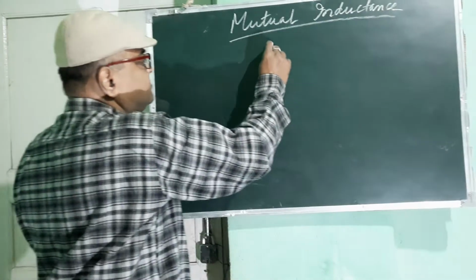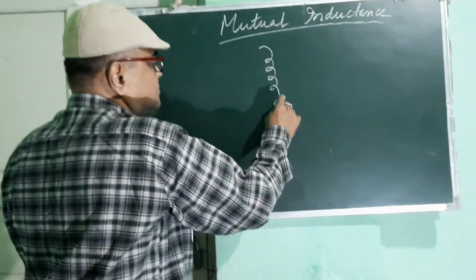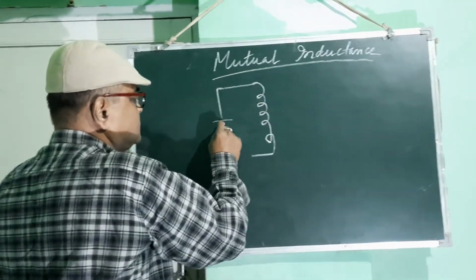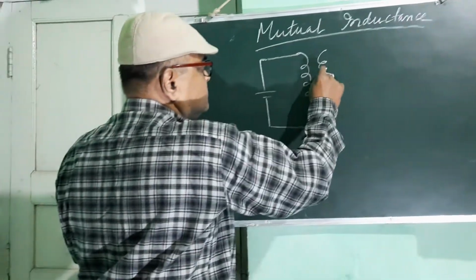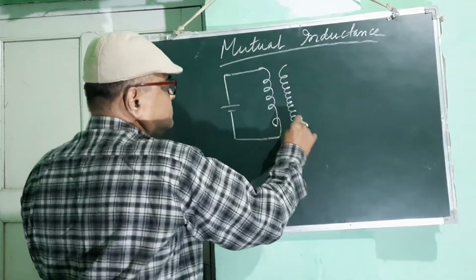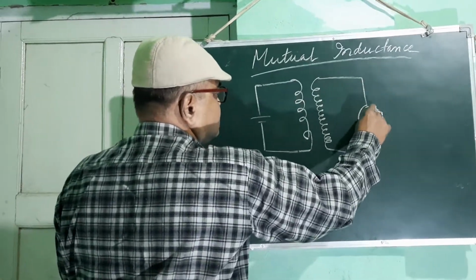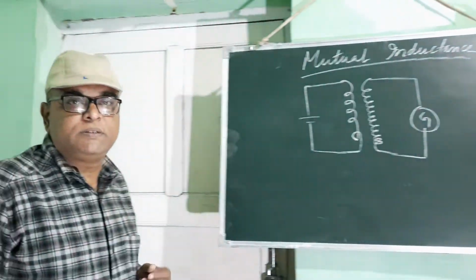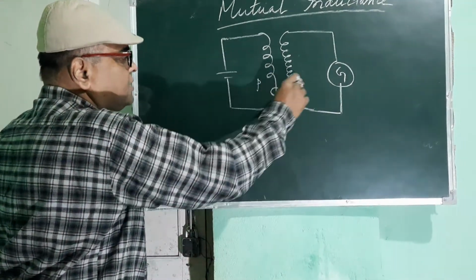For example, there are two coils, the primary coil and the secondary coil.